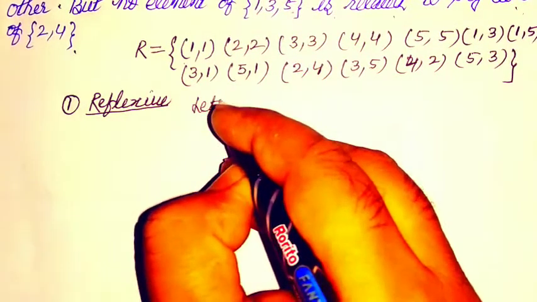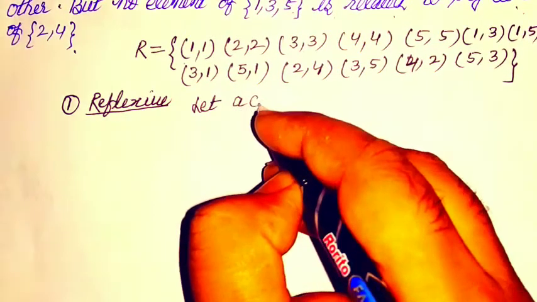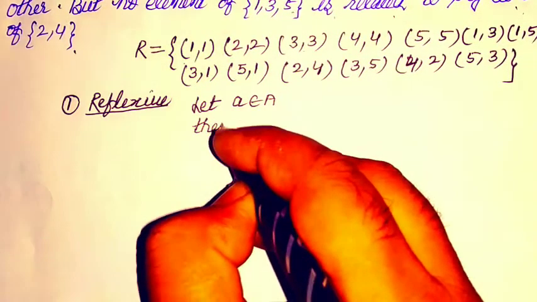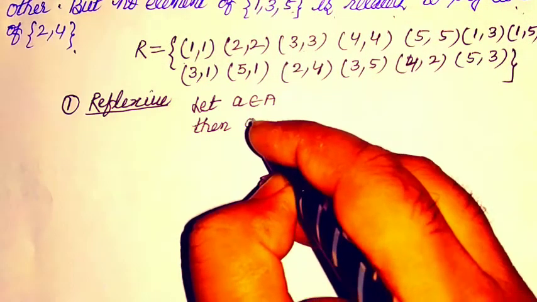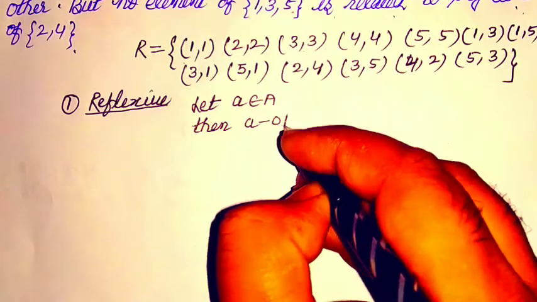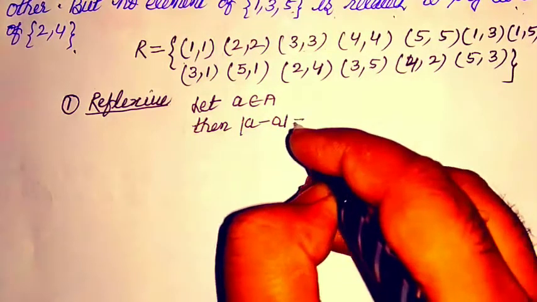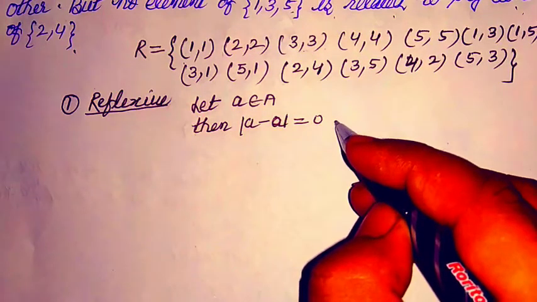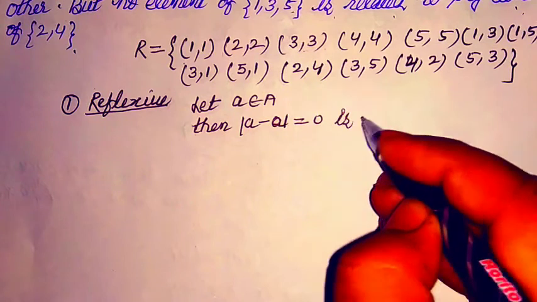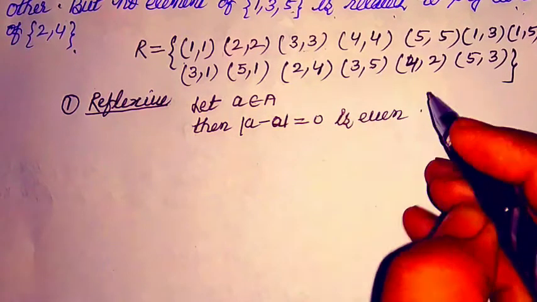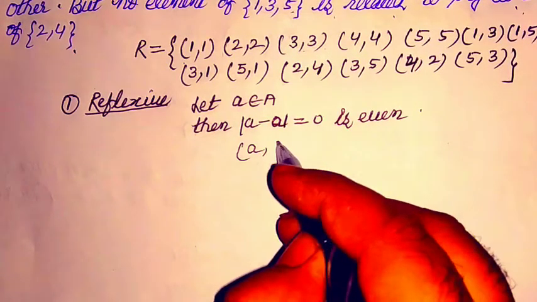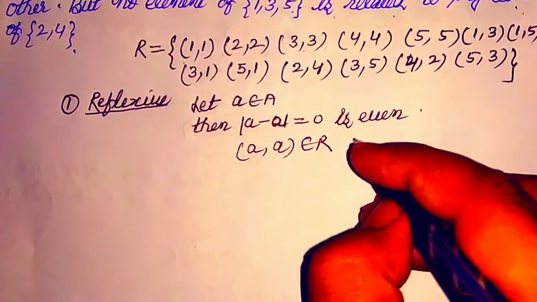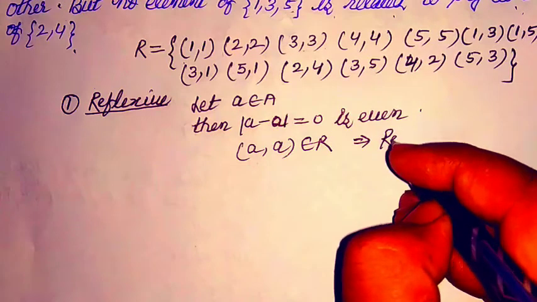Let a belong to set A. Then a minus a equals 0, which is even. So we can say (a, a) belongs to R, so it is reflexive. We can write here.